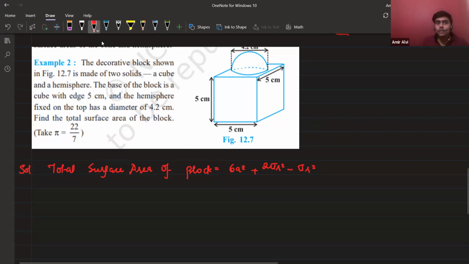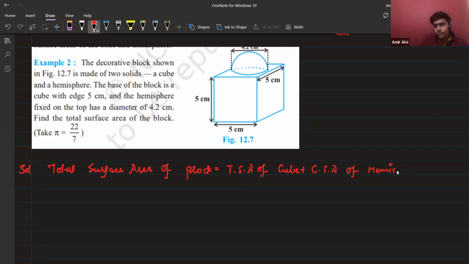So let me write it here. TSA of cube plus CSA of hemisphere minus area of base.